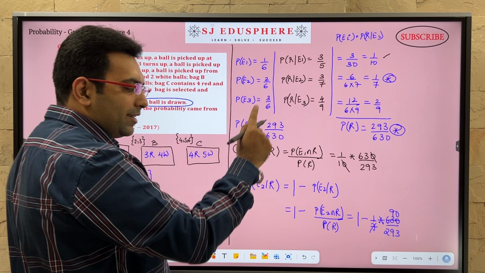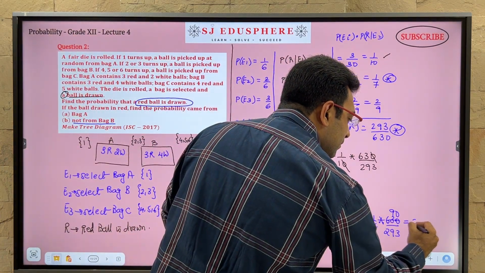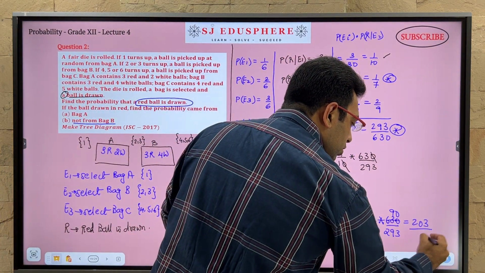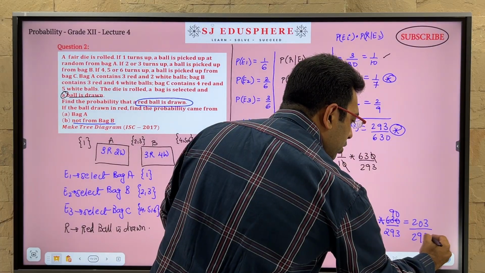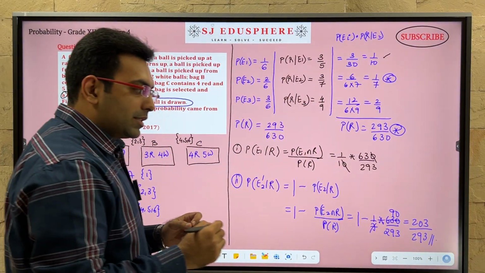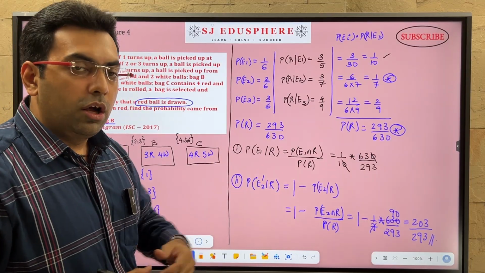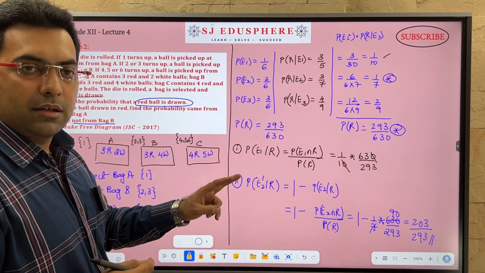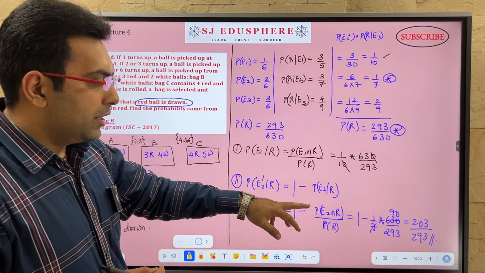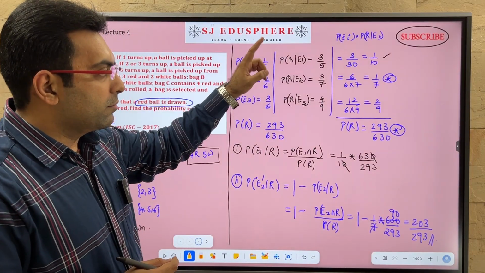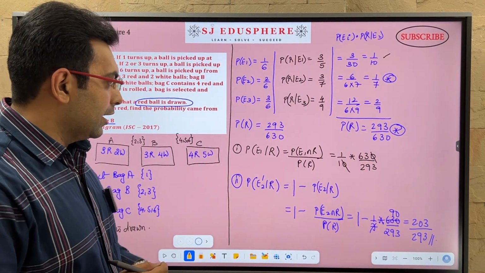So 293 minus 90 is 203 upon 293. This is your probability of not getting a red ball from the second bag. That includes your probability of getting a red ball from the first and the third bag.